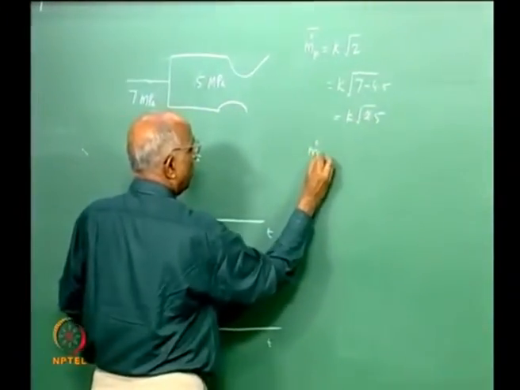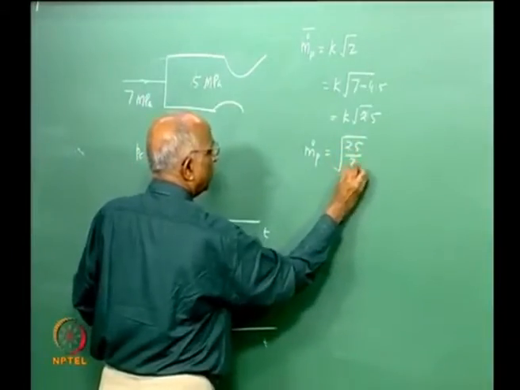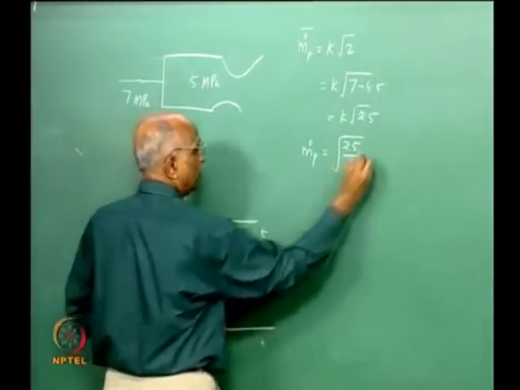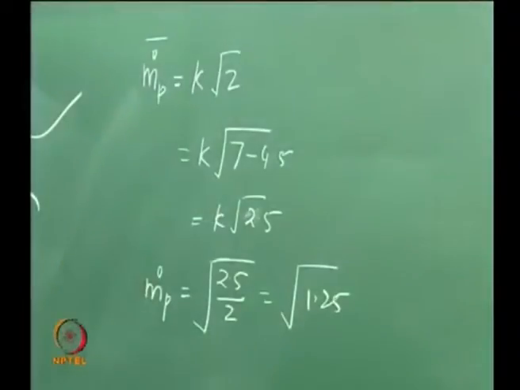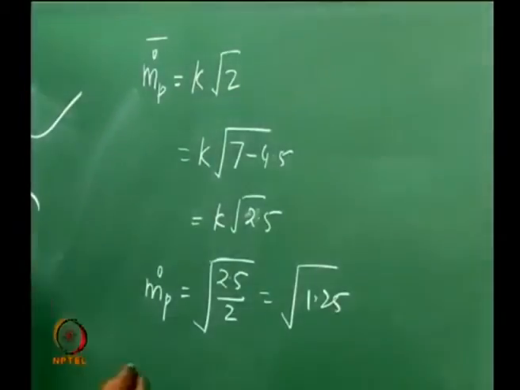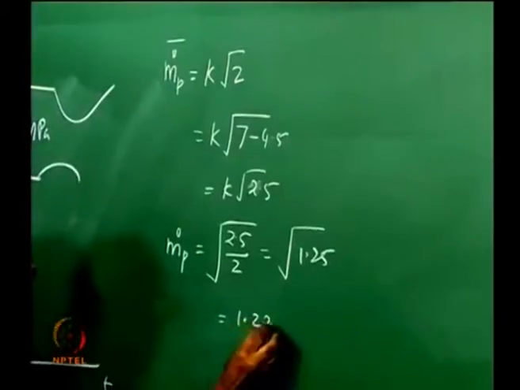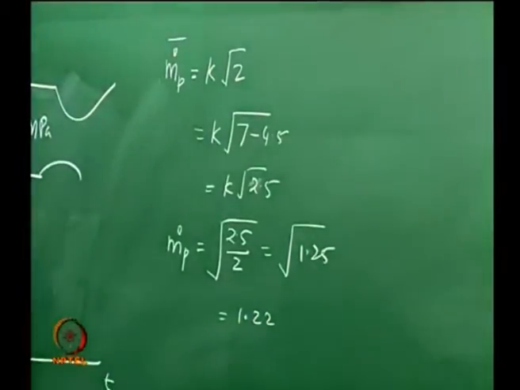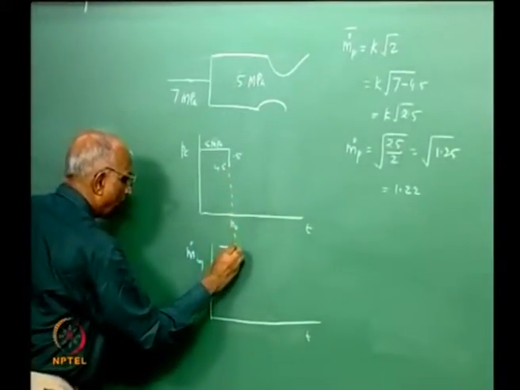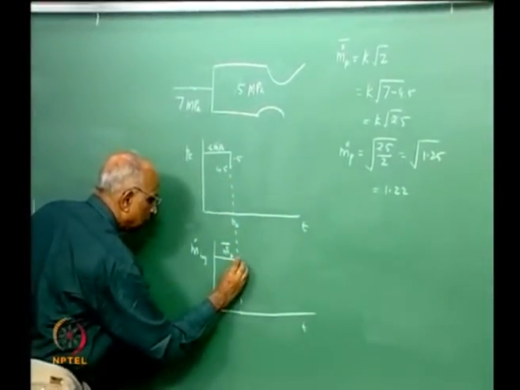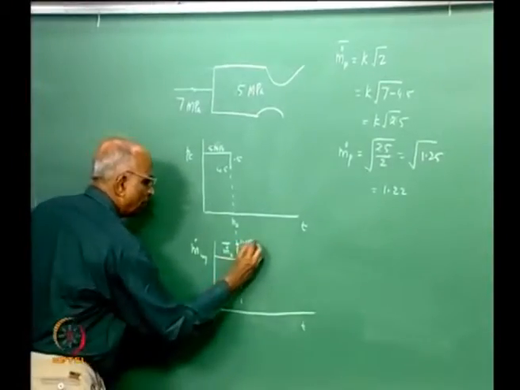The new value of m dot p is going to be under root of 2.5 by 2, relative to the original, which is equal to under root of 1.25, and therefore this root of 1.25 will be something like 1.12. Now I find that at this point t0 it increases to 1.12 of the value of m dot p.